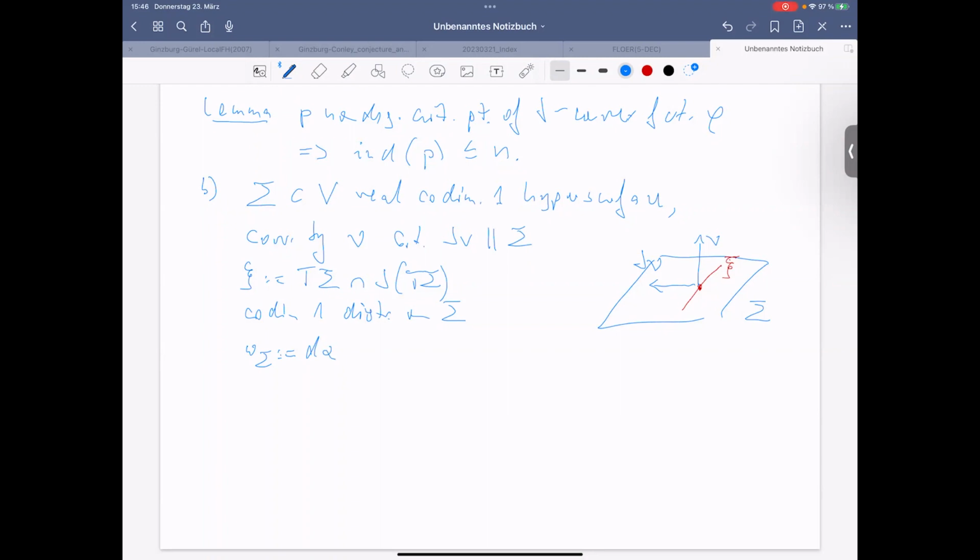So where alpha, we write Xi locally as kernel of a one form. It's a codimension 1 distribution. So we can write it locally as kernel of a one form on M. And then we take d alpha and restrict it to this distribution Xi. So that gives a two form on Xi, and that's called the Levi form.